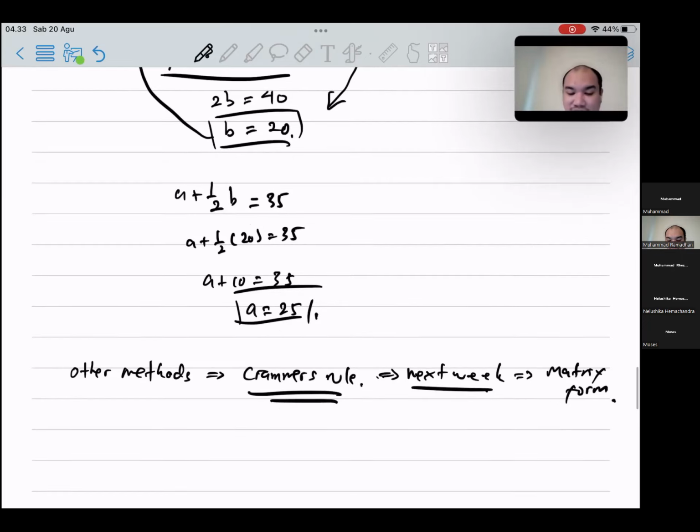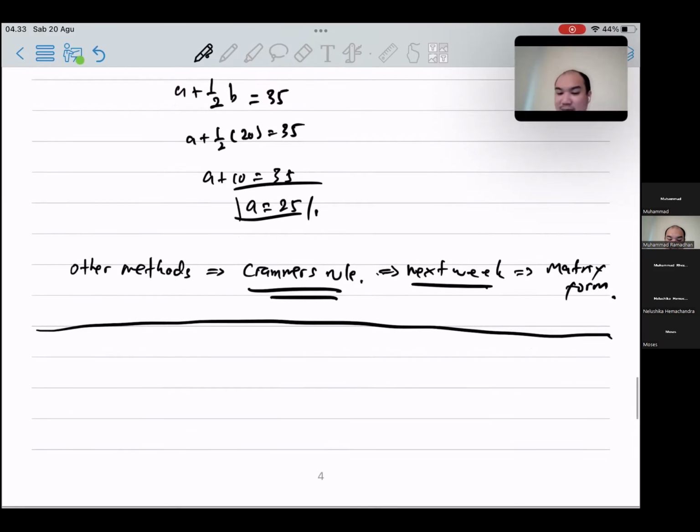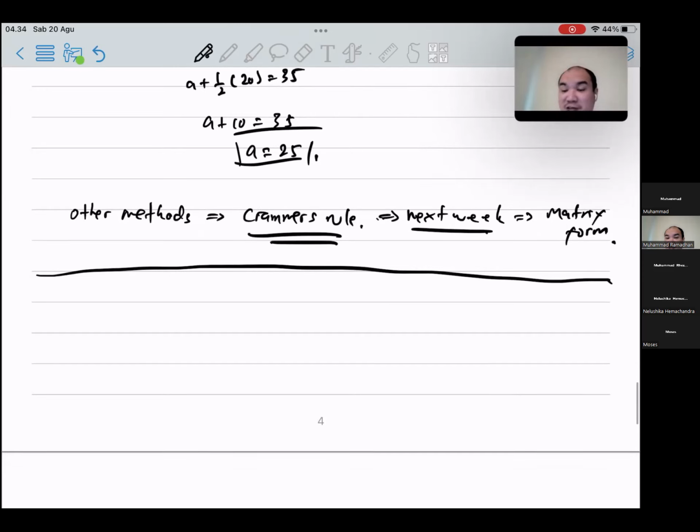Okay, and then I will explain another case for linear equations, and I got this case in the empirical public finance course, which uses a linear equation for solving this case.